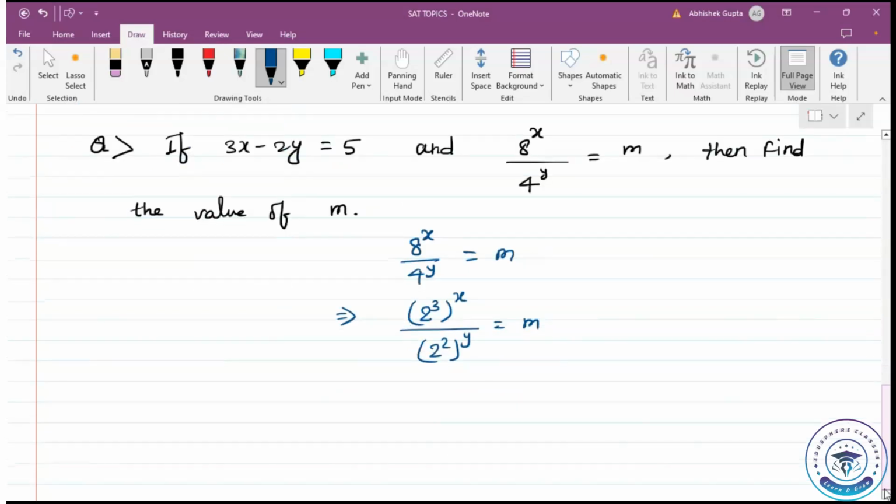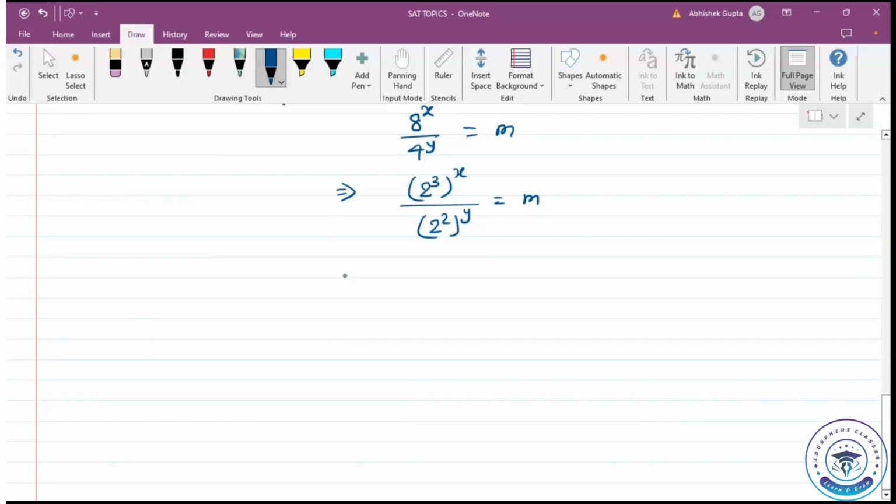Now how will we write this? Using the rule, we write 2 to the exponent 3x over 2 to the exponent 2y. Now you can see we have the same base and different exponents, and this is division, so we subtract the exponents.